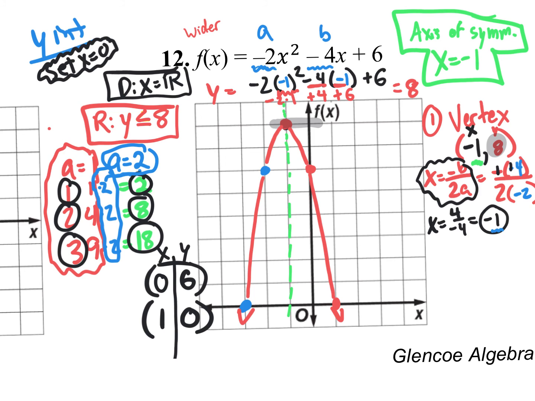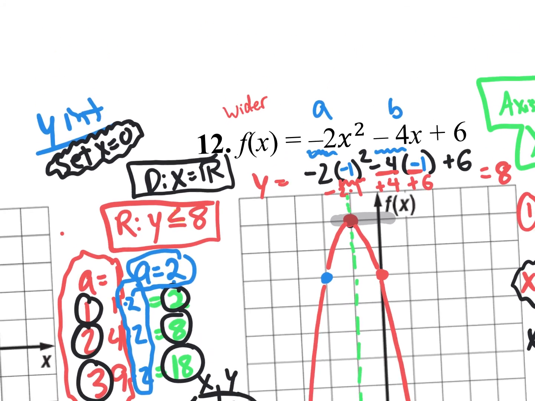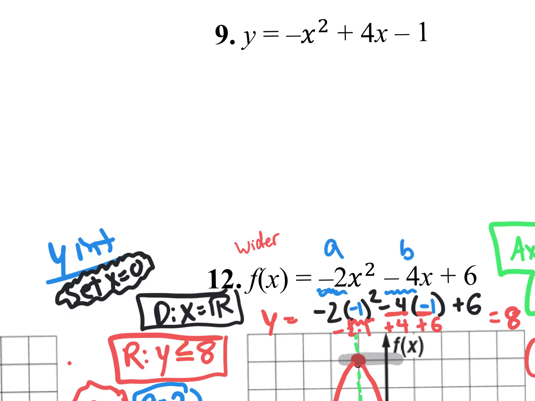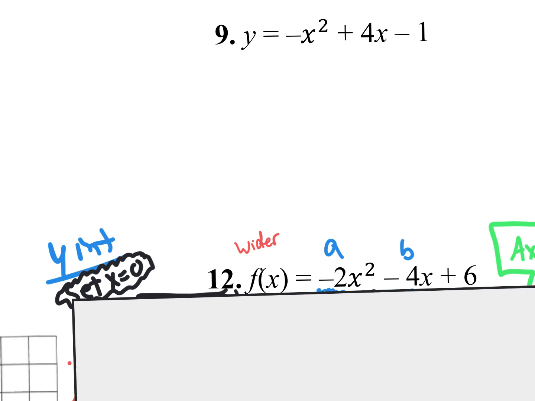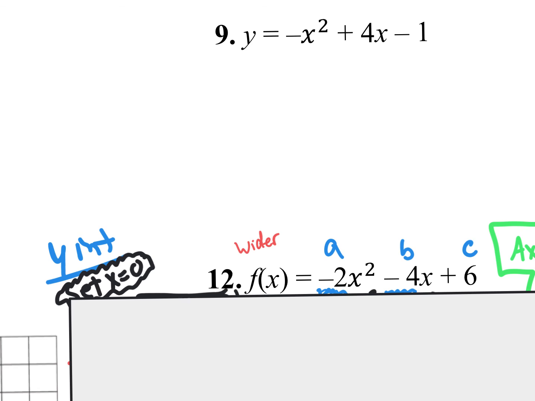But that's because I have the graph. Now, what if on the quiz tomorrow I don't give you the graph? What if I just give you the equation and I ask you to find the y-intercept? It's really easy to do because, ladies and gentlemen, the y-intercept of any standard form quadratic trinomial, ax squared plus bx plus c, is going to simply be the coordinate 0 on the x and c for your y.